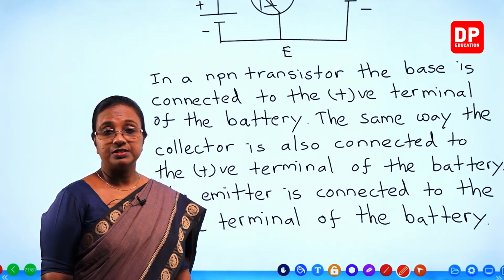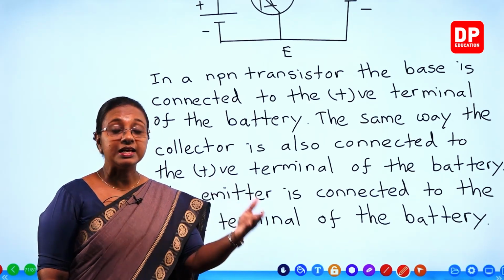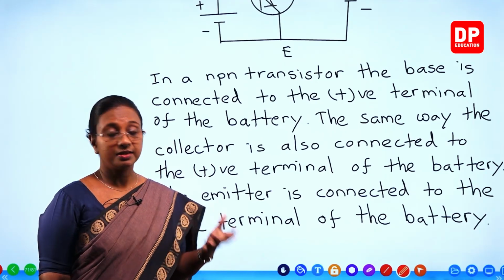Is that clear, students? And a smaller voltage is supplied to the base while a higher voltage is supplied to the collector.